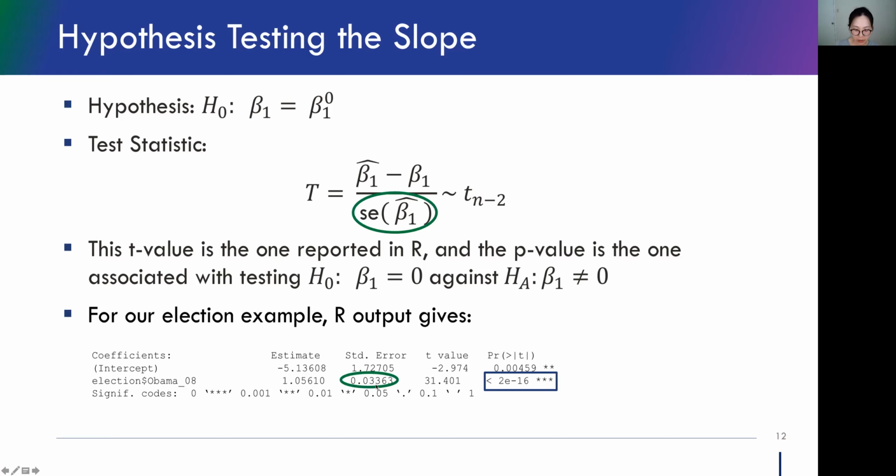Additionally, we can get the standard error of the estimated slope. This line is for the estimated slope, and this is its standard error. So it's that easy. You do not need to look up the table and do the calculation by hand. You just get everything from this R output. Does that sound good?